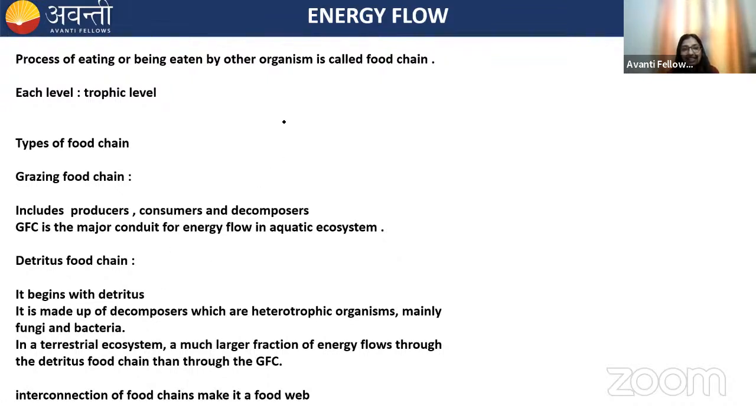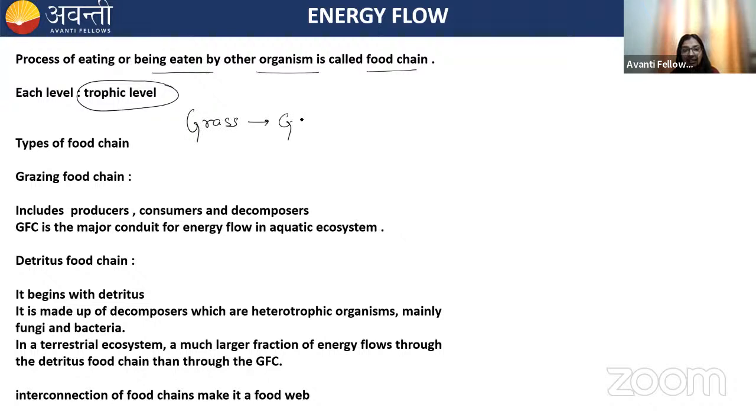Now, let's discuss the food chain. We know that the process of eating and being eaten by other organisms is called a food chain, right? And each step in the food chain we call a trophic level. Let's discuss the grass.